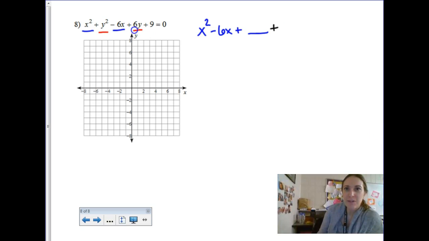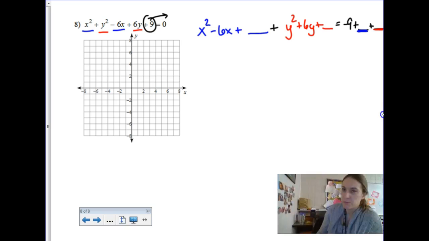Alright, same thing with the y's. And then that original constant of 9 we're going to move over by subtracting it. And then remember, those blue and red blanks are being added to both sides of the equation, so make sure they show up twice. So half of negative 6 is negative 3, squared is 9.